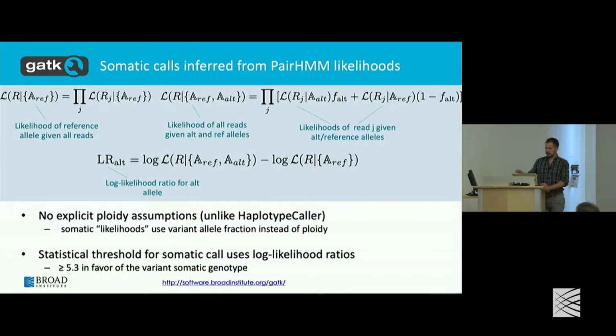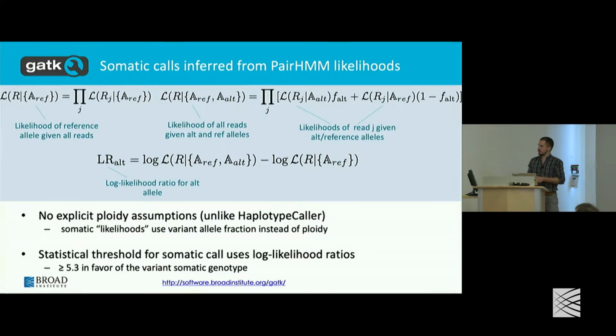A little bit about the very last step of that diagram from two slides before, about actually finding which alleles we have at any particular site. This is just a general idea of how we compute it. We have a model for a reference allele, and a model that we have both reference and alt allele at any particular site, and we compute those likelihoods.